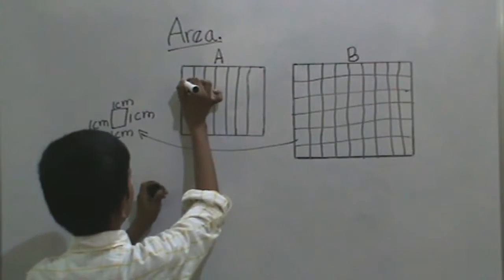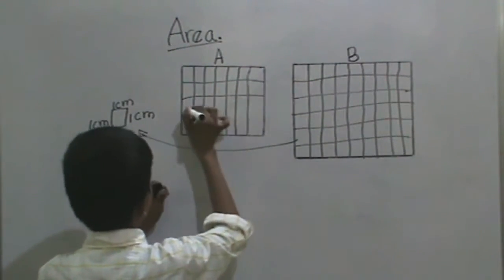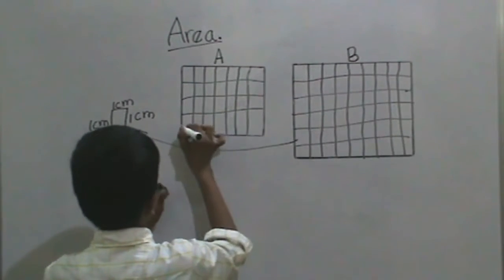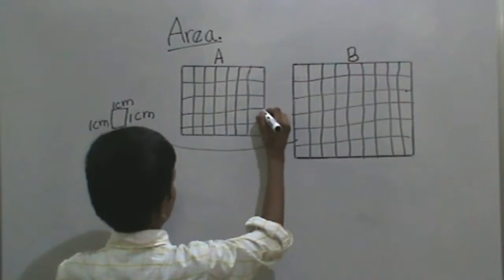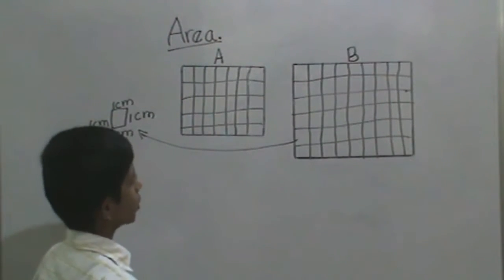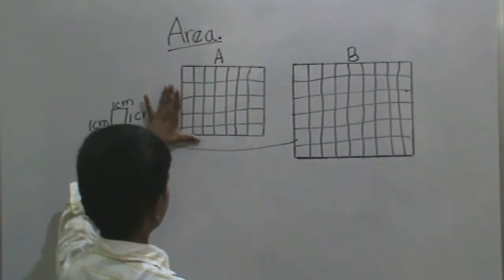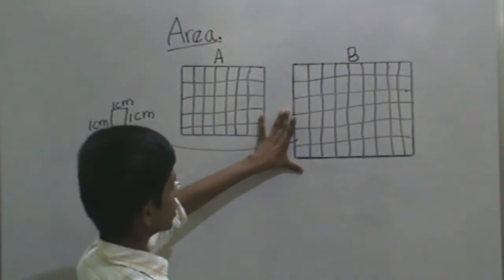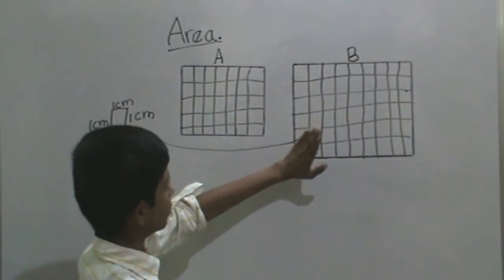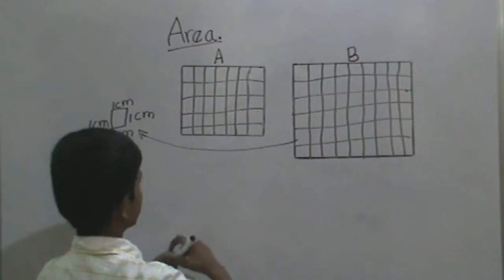Now let us divide it horizontally. Now you get centimeter squared boxes. Okay? If you count these boxes for rectangle A and count the boxes for rectangle B, you will get the area of these two rectangles.